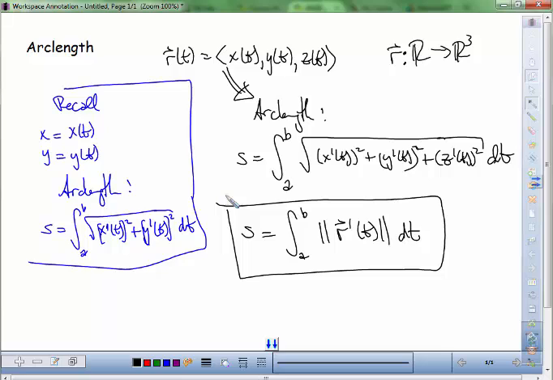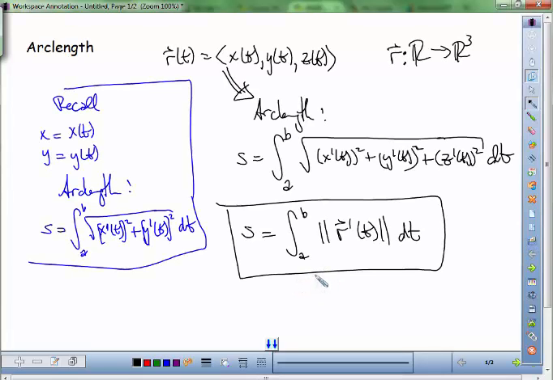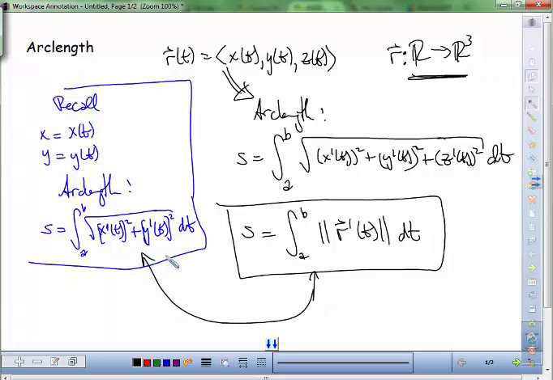Let's do a couple of easy examples. I hope they're easy. Let's see. It's always not easy when I make stuff up off the top of my head. Oh, by the way, if we look at this formula, and this formula was set up for a three-dimensional space curve, it actually will work for 2 dimensions as well.